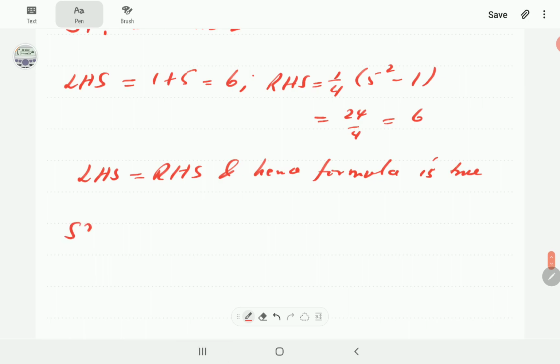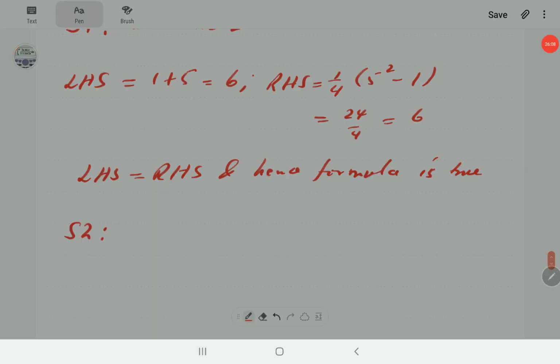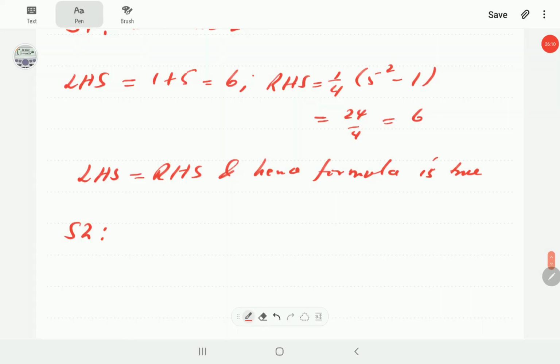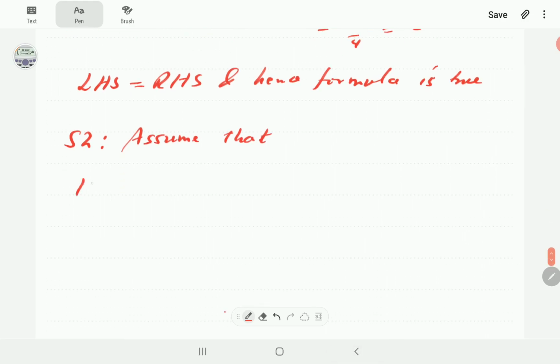Then for step number 2, we are going to assume that the formula is true when n is equal to k.